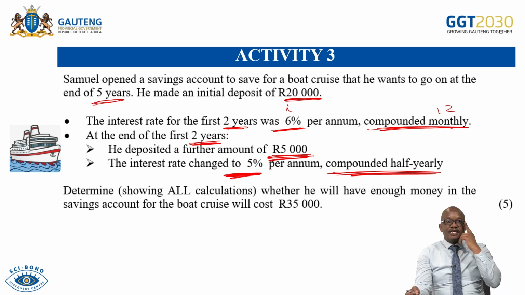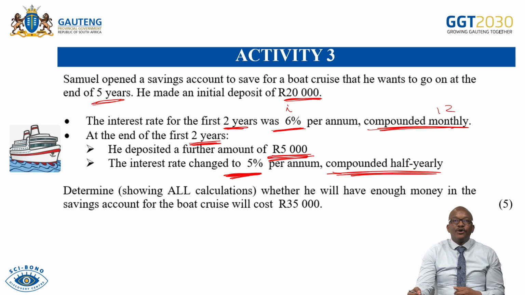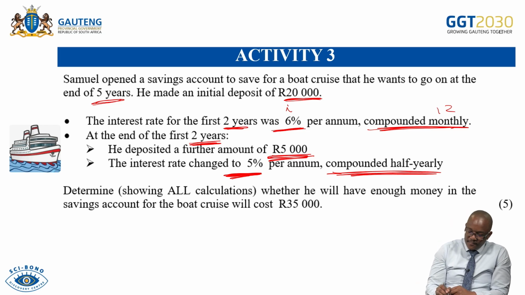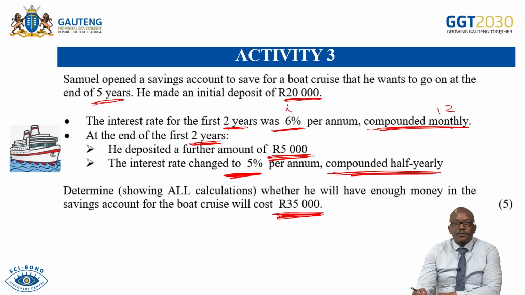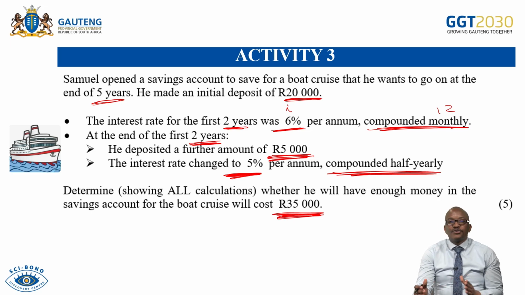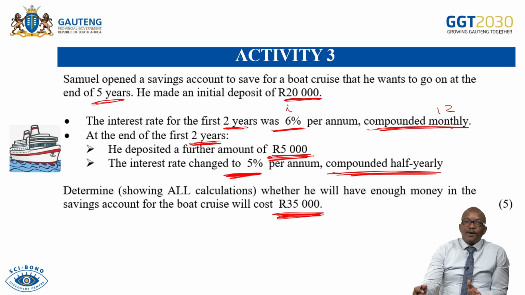And the question says, determine, showing all calculations, whether he will have enough money in the savings account for the boat cruise that will cost 35,000. Remember, the boat cruise will cost 35,000. So now we have to calculate our money of investment for 5 years.